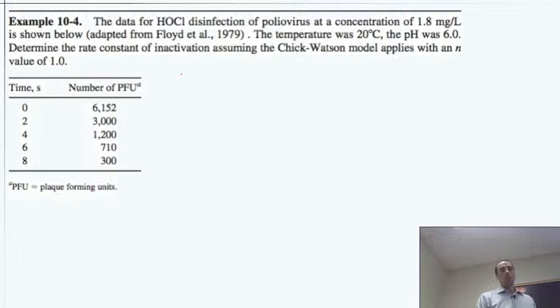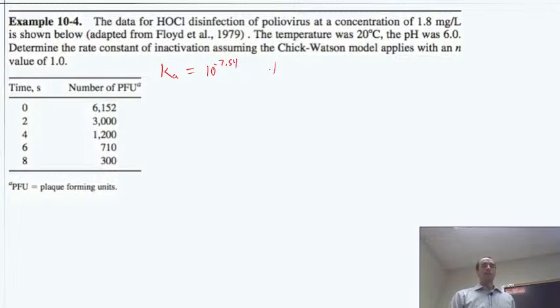For now, we will just read this problem in a particular way where we don't deal with that, because it's a little bit vague. It says 1.8 milligrams per liter of HOCl. Now, HOCl is usually what we want to disinfect with, but it also gives us a pH and a temperature, meaning we could assume that the Ka is 10 to the negative 7.54 at that temperature or something close.